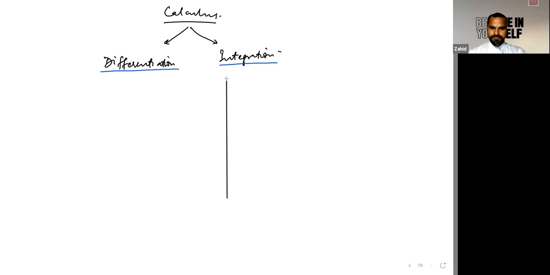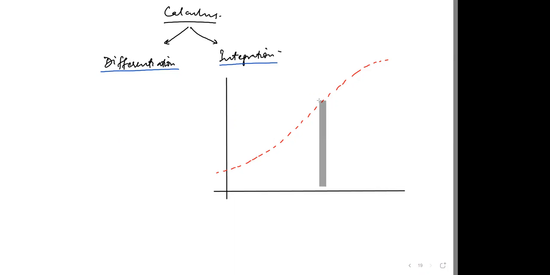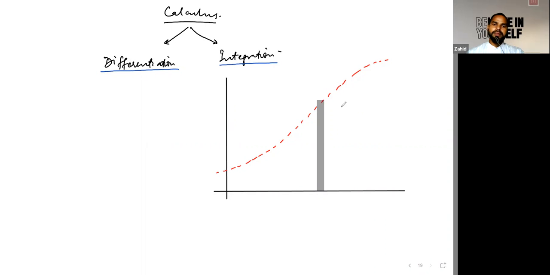If you have a curve like this, and if you cut a small strip like this, so this particular strip is so small that it will tend to just a point size like this.